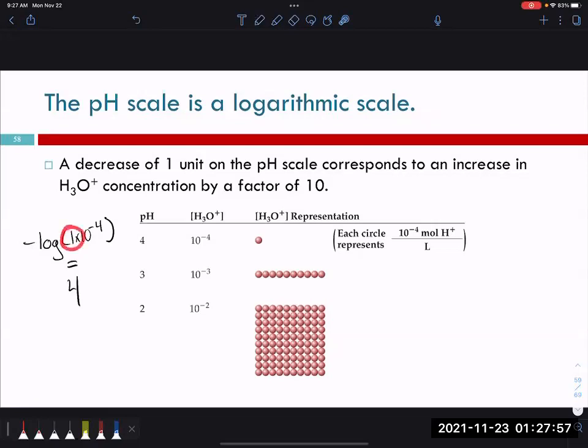You go back and forth when your coefficient is 1 or when your log is a whole number, because this just becomes the negative exponent on your times 10. What this means though is when we're moving from pH 4 to pH 3, it's not one more concentration unit greater, it's actually 10 times greater. And then going to 2 is 10 times that again. So every time we change one pH unit, we're multiplying that by 10. So times 10 to the negative 4, negative 3, negative 2.